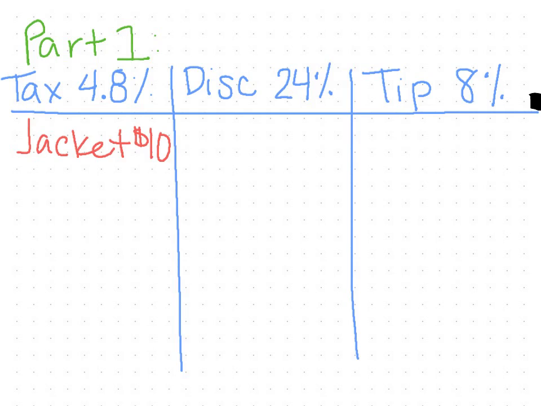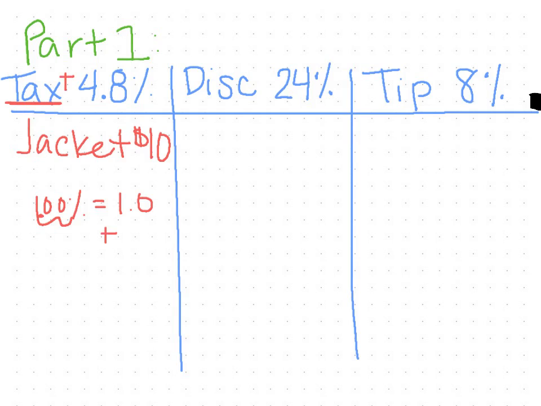The price of that jacket is 100% of the value. And we have 100%, and to write that as a decimal, we move our percent sign over twice. So we have 1.0. And if we're talking about tax, tax is something added on to your total bill. So tax is an add-on problem.